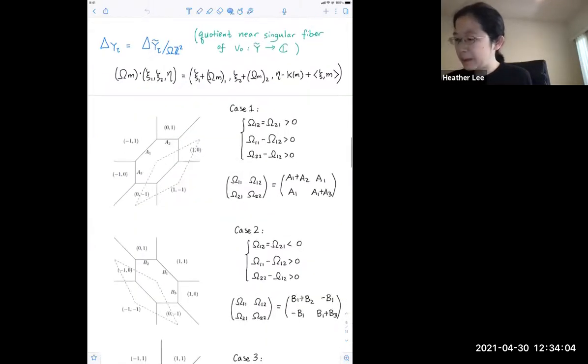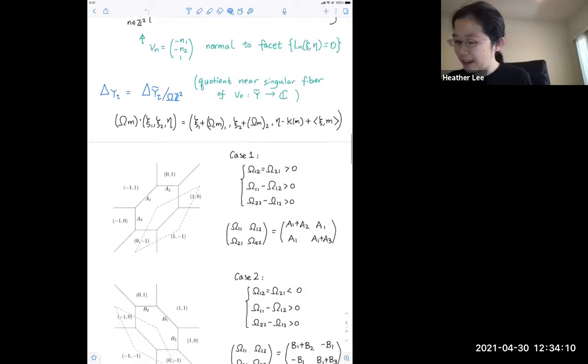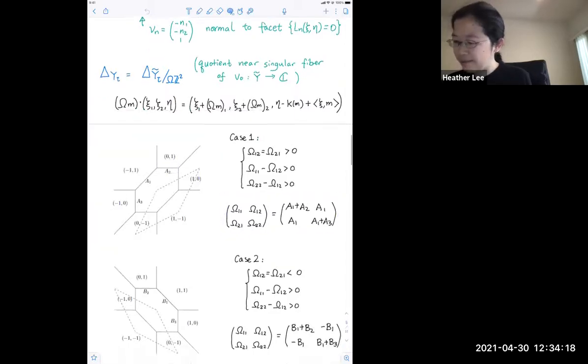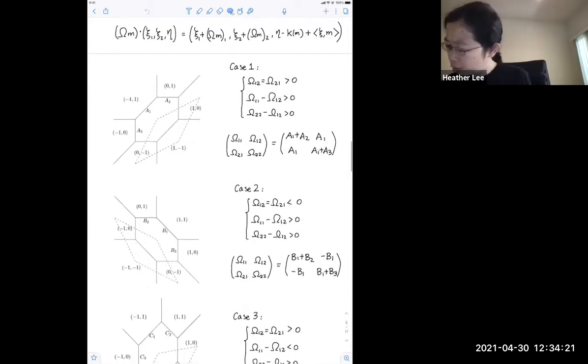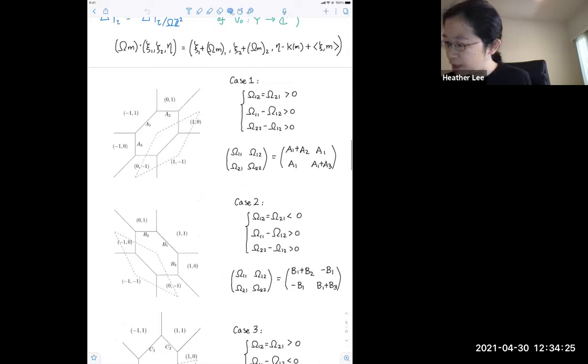Then just by looking into the details of this formula, we can get the hexagons, and we can see that the omega corresponds to the side length of the hexagon in the various cases. So basically this transition happens by going from case 1 to case 2.